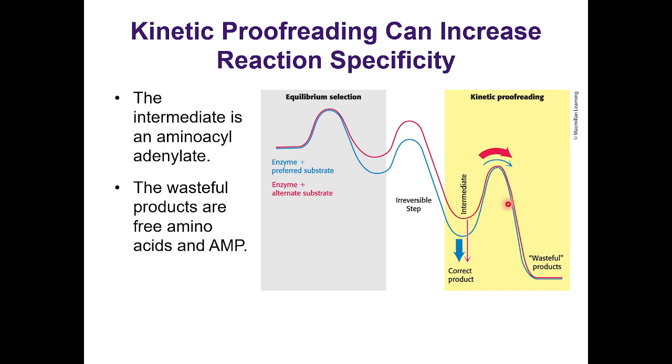Yeah. And so this right here is going to have your wasteful products, which will be the free amino acids and AMP, because this is going to be the slow step in this reaction in the first place. And then this right here for intermediates can actually go back and forth a lot faster. Okay?